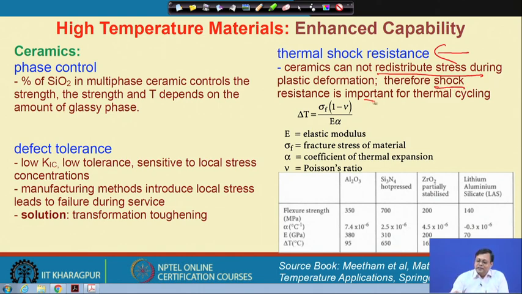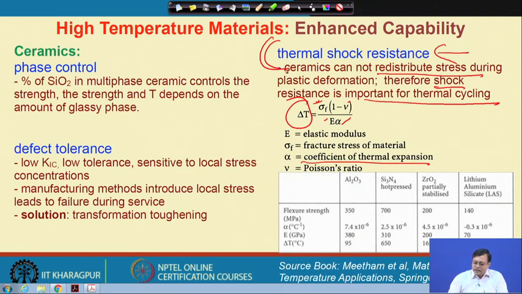So, here is an important criterion: people have found that the temperature difference, that is delta T, like a shock resistance, can be estimated from the fracture stress of a material, the Poisson's ratio, E the Young's modulus, and alpha the coefficient of thermal expansion, which will give you how much thermal shock resistance a ceramic can provide.